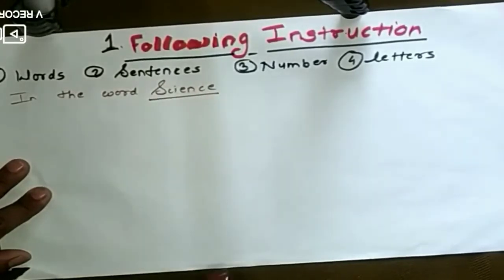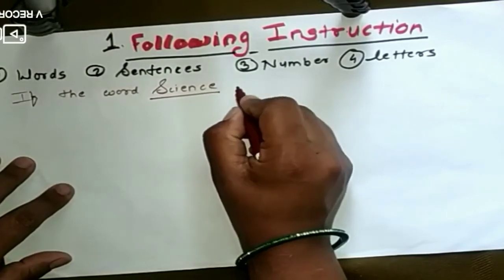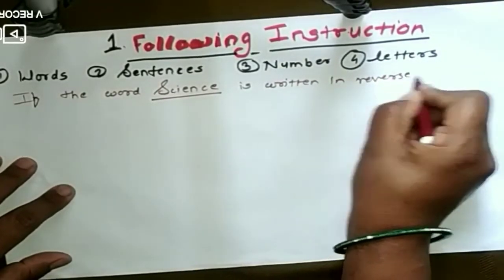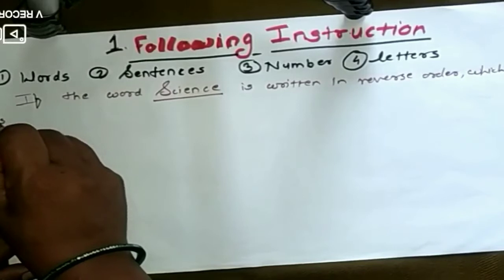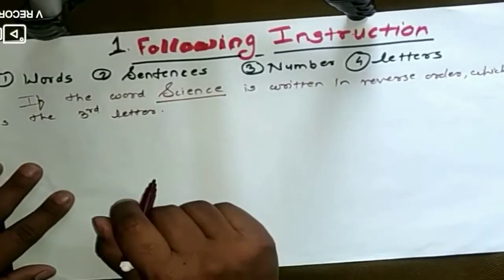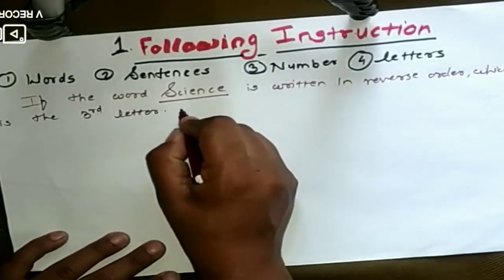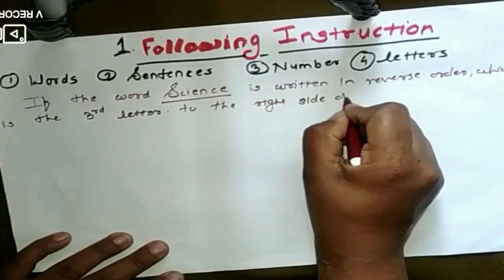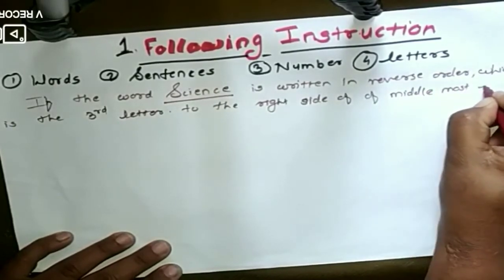In the word science, if it is written in reverse order, which is the third letter to the right side of the middlemost letter? Okay, so this is the question.